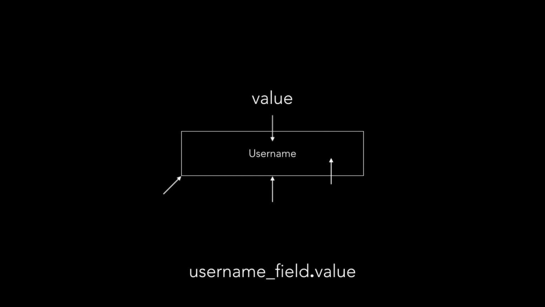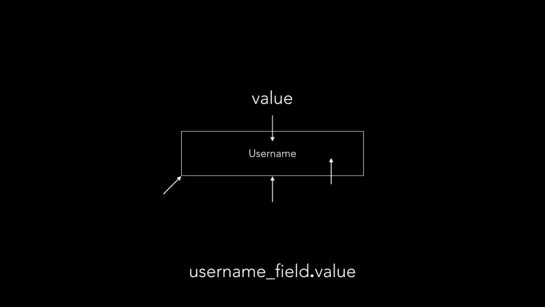In this case, if I tell you username underscore field dot background color, I would get the value of the background color in something called hex code, basically hashtag FFFF. That is basically the background color for this text field.